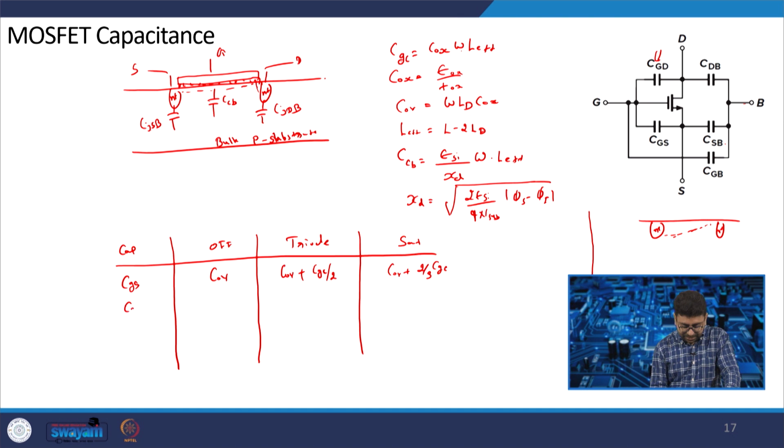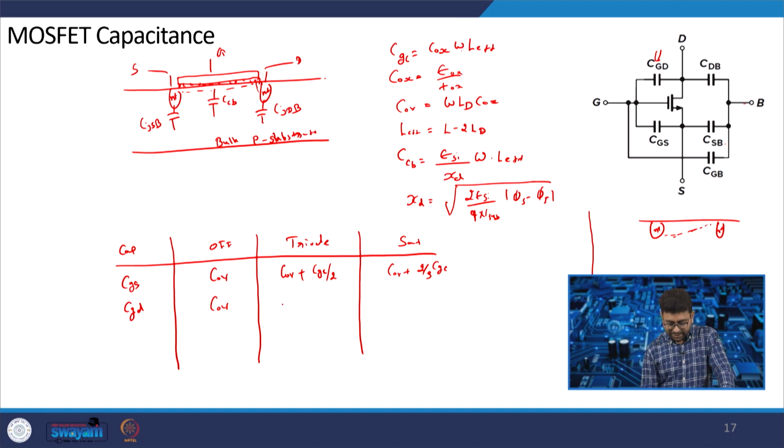Then CGD, gate to drain, has the same C overlap. In the triode region there is weak inversion and the channel will be uniform, so the average is taken: half of the capacitance is considered on the source side and half on the drain side.